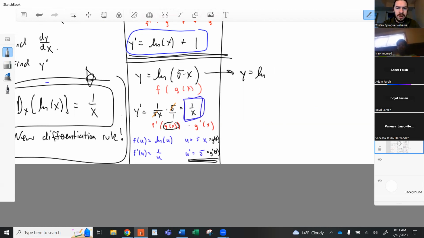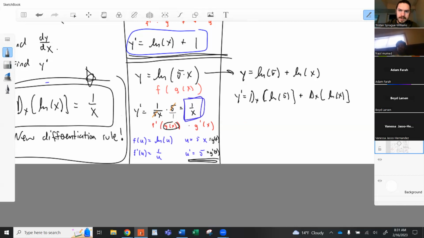Okay, so the superpower of logarithms is that they turn multiplication on the inside into addition on the outside. And then if I want to know y prime, I just have to do the derivative of these two individually. Like this, right?